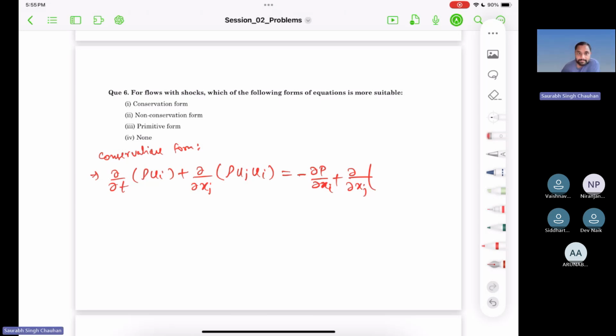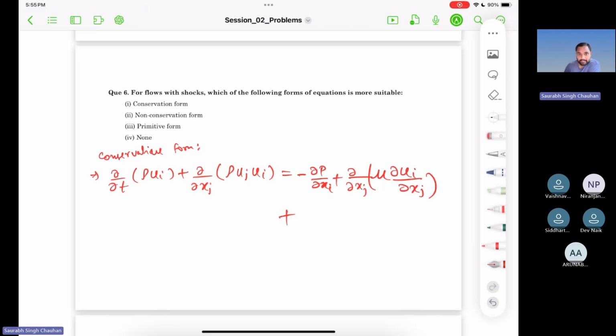what is the second term? The viscous term, right? The shear stress term. So here you write the shear strain, del ui by del xj.